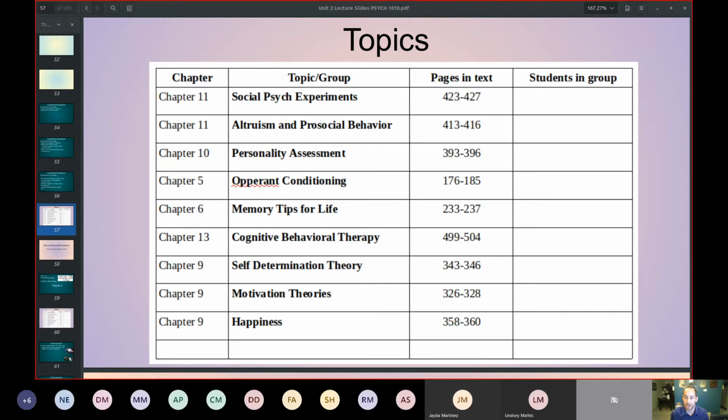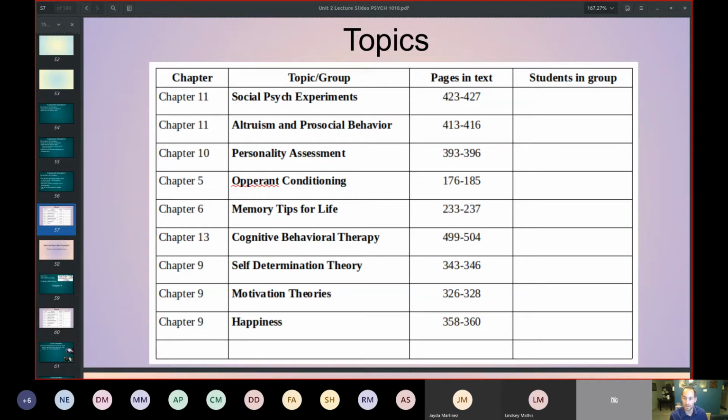So we've got Don Grover interested in operant conditioning, Destiny Duran, Daisy, and Flavia, sorry about mispronouncing names. I think I've only heard your names the one time when you introduced yourself, so I'm sorry about that. All right, so that would be a good group of, looks like four there for operant conditioning.